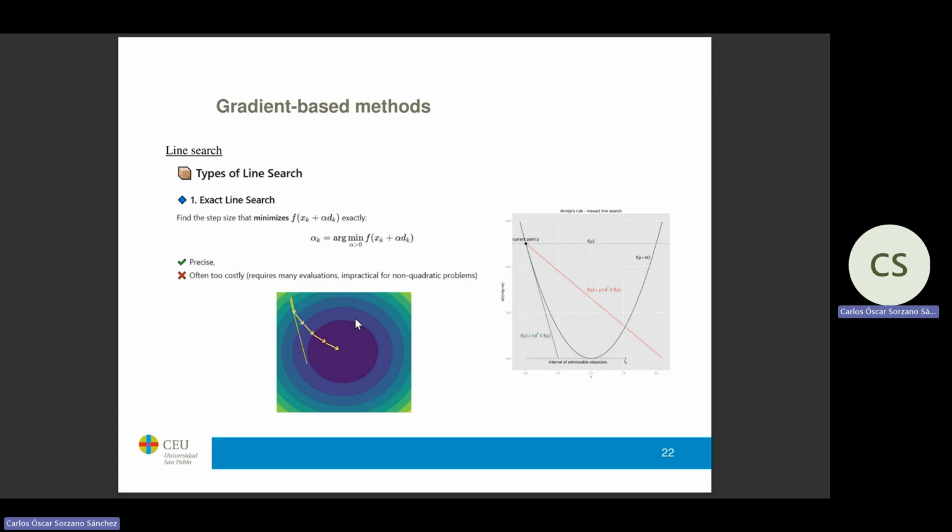All this is called the interval of admissible step sizes. Down to here, you are minimizing. Beyond that point, you are away from the minimum. It is rather precise, but sometimes it requires many evaluations in one dimension, which are cheaper, but still you may have many evaluations.